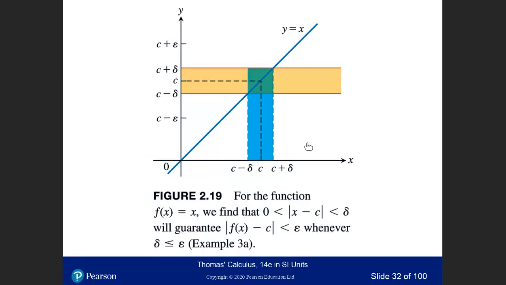Okay, y is equal to x. That's the given thing. It's always c. Now, if you are given an epsilon, that's c plus epsilon and c minus epsilon, okay? You can choose delta so that your interval is this. So that's the same length on the right and on the left.